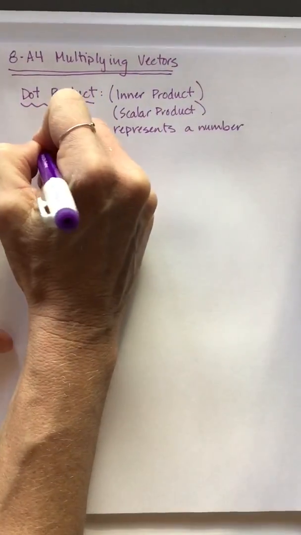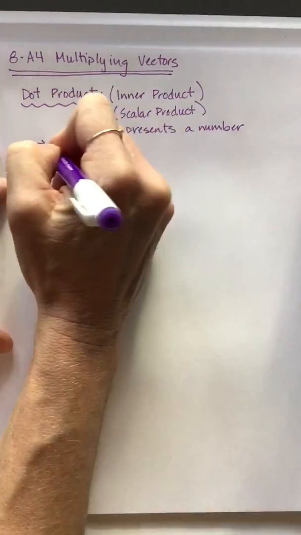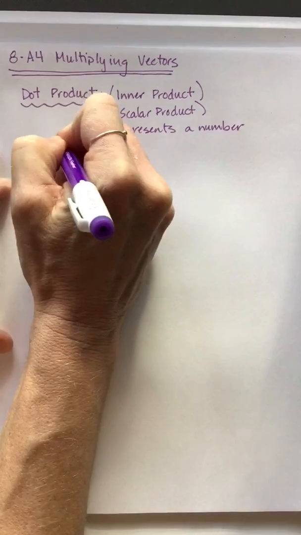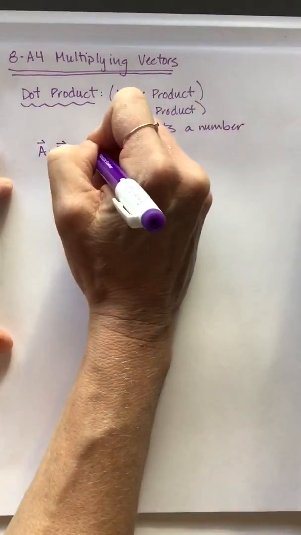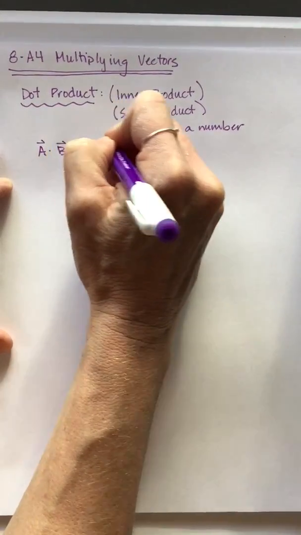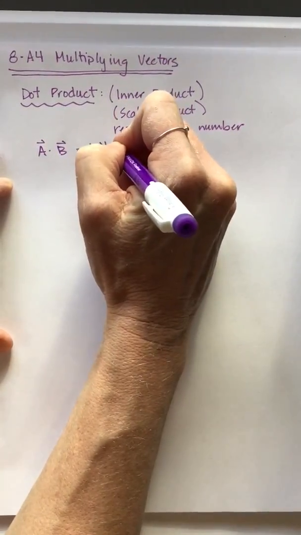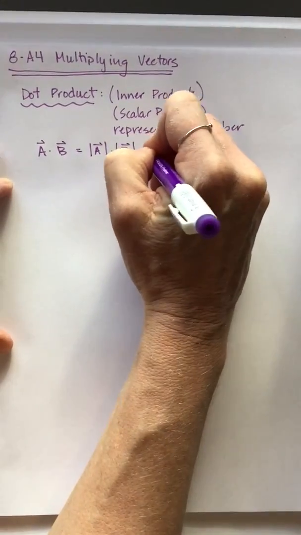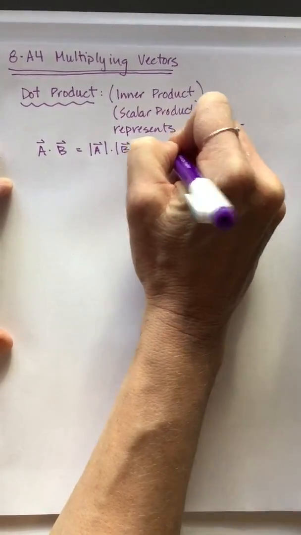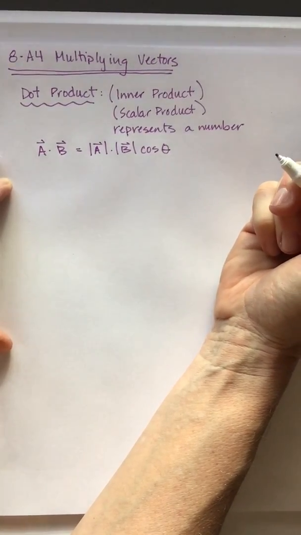Okay, so if we say vector A dot vector B, that's equivalent to the magnitude of A times the magnitude of B times cosine of the angle between the vectors.